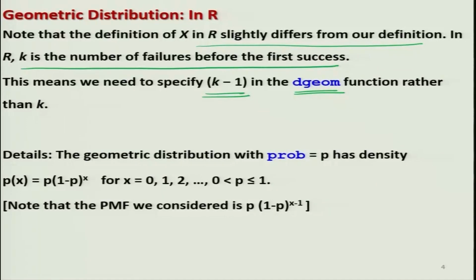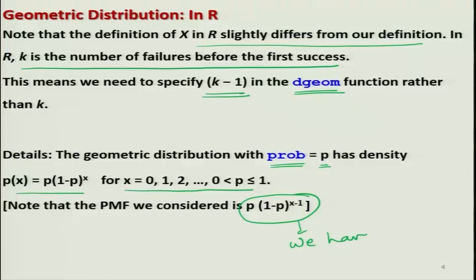So in R, the geometric distribution is defined such that the probability of X equal to x is p into (1 minus p) raised to the power of x, where x goes from 0, 1, 2 and so on. That is exactly what I told you earlier. What we had considered was p into (1 minus p) raised to the power of x minus 1. So be very careful.